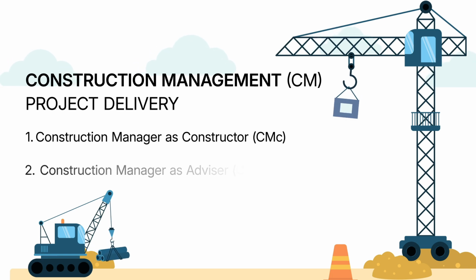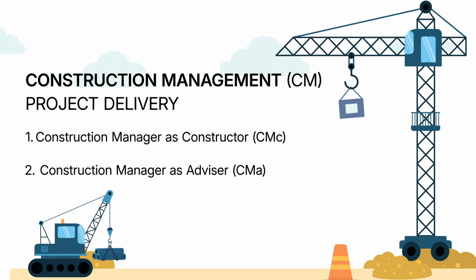The other one is the construction manager as an advisor. In this case, the construction manager provides advice and coordination but does not physically do the work. Think of the CM like a wedding planner. They coordinate everything from catering to decorations. But the construction manager as advisor also takes the responsibility of making it happen.